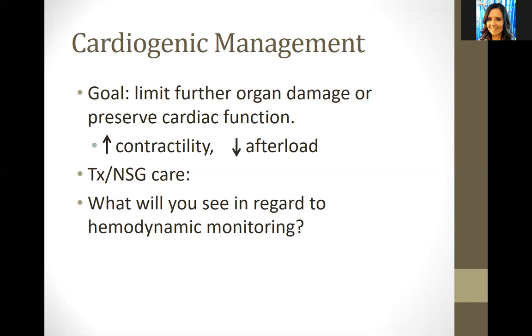We'll have an increase in SVR, increased systemic vascular resistance. So normally, as a compensatory mechanism, if we're not getting good blood pressure or cardiac output, those vessels are going to constrict to help with that. And the pulmonary capillary wedge pressure might be increased because, again, blood is backing up in the heart and not moving forward.